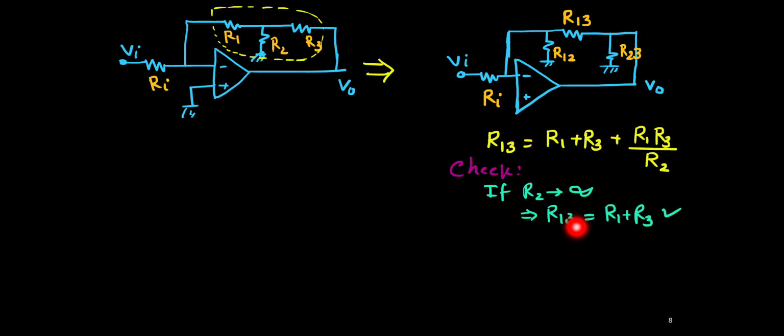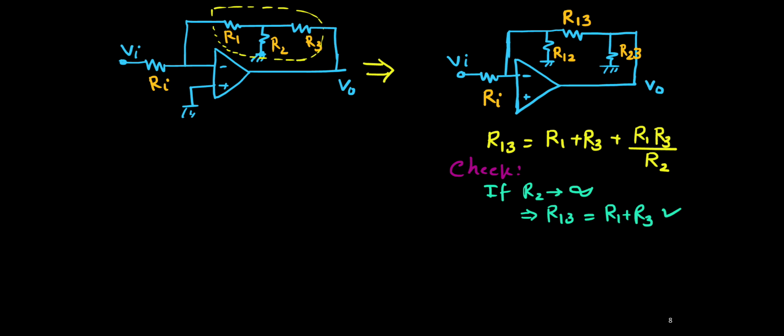So R13 will be R1 plus R3 because R2 equals to infinity, so this part will vanish, so you will get R1 plus R3. It implies that R13 is more than R1 plus R3 when R2 is non-infinity. Okay, it's not infinite, it's a finite value, right?